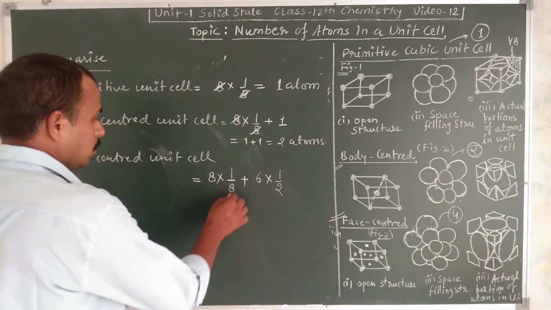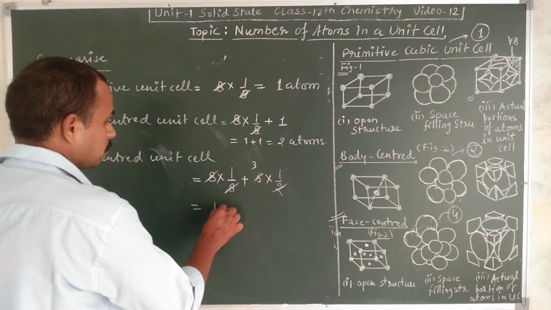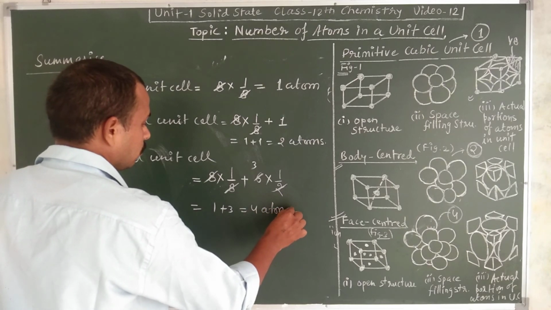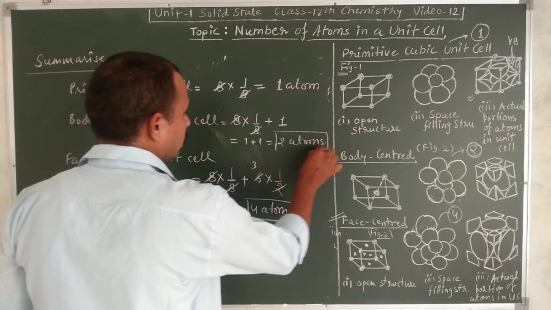So this cancels out, 2 3 is 6. 1 plus 3, that is 4 atoms. 4 atoms. This is 2 atoms.